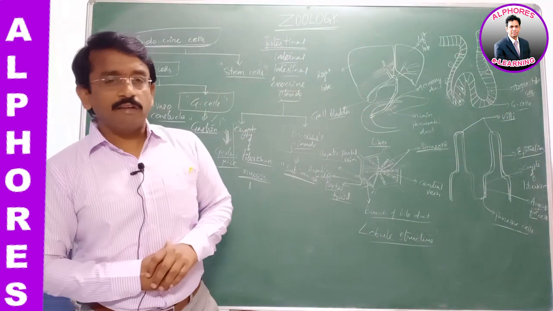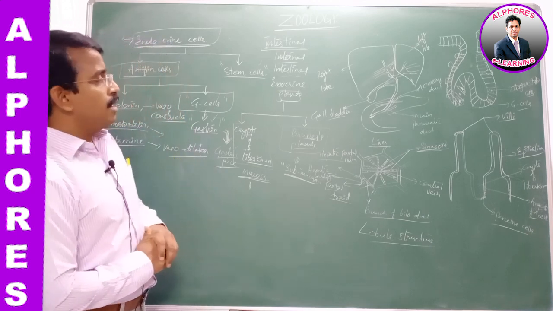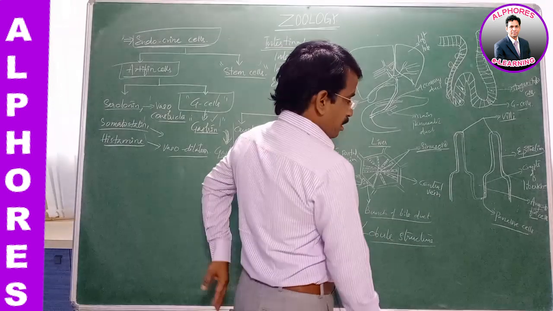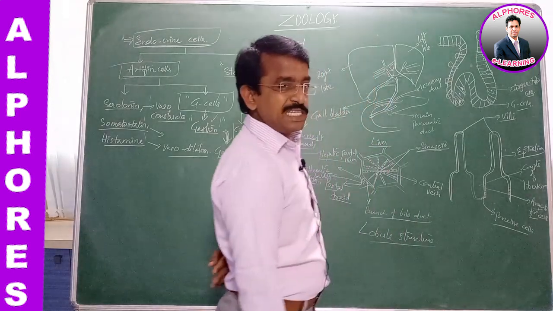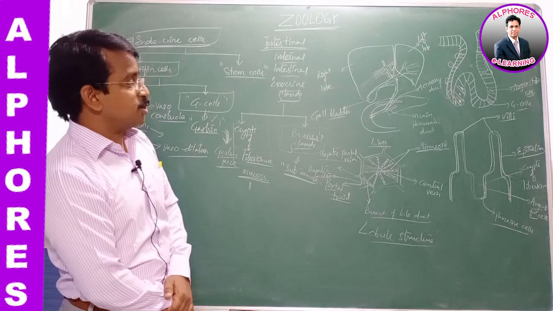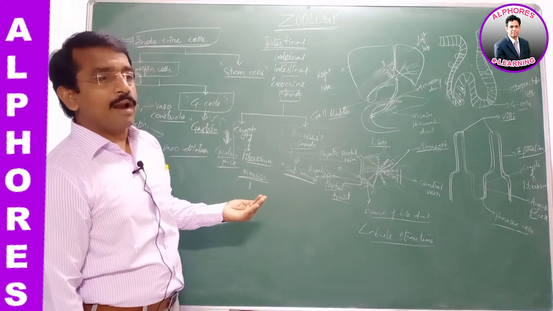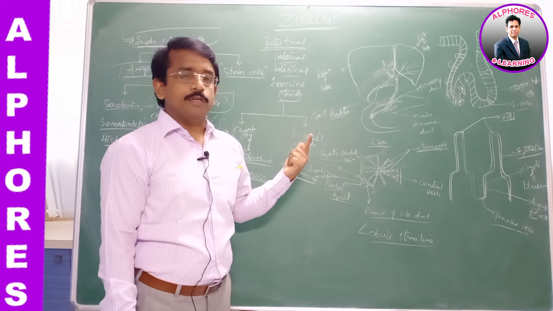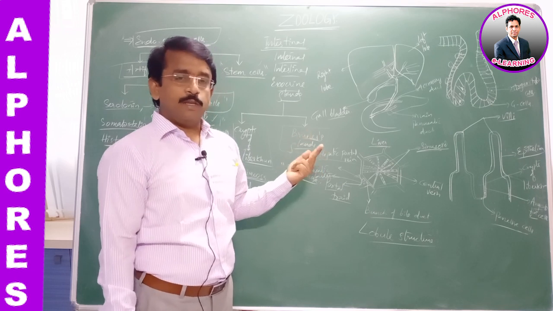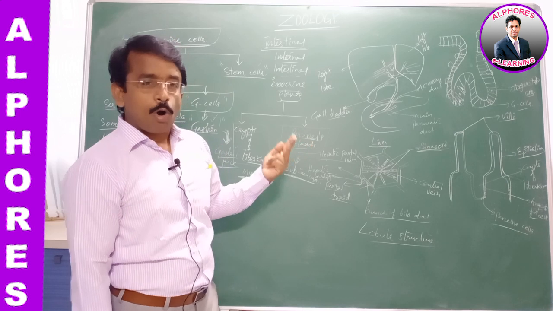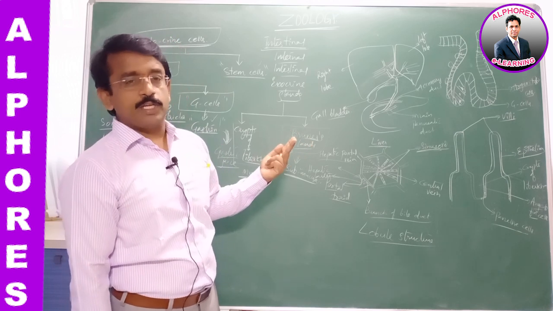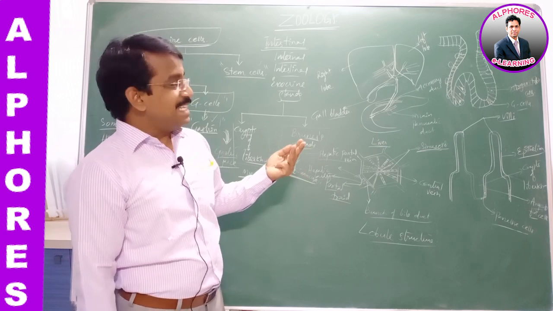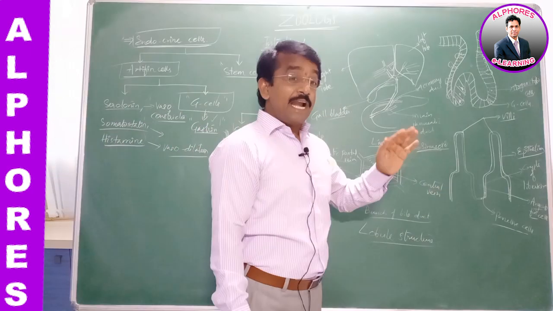or succus entericus. Generally, in the intestinal glands we find two types of cells, as we have seen in the gastric glands. There we saw the peptic cells or chief cells, second the acidic cells or oxyntic cells, parietal, third the mucus cells or neck cells, and endocrine cells.